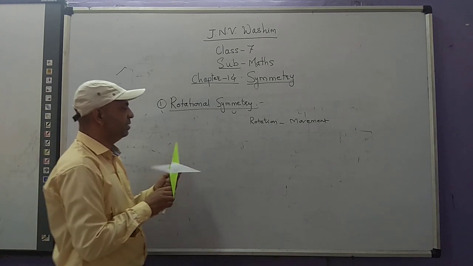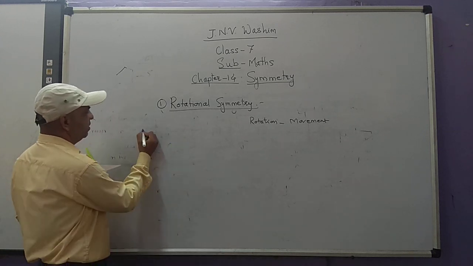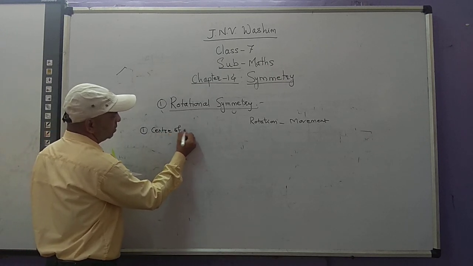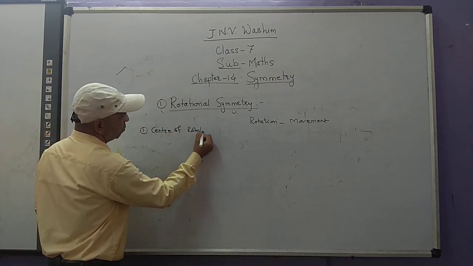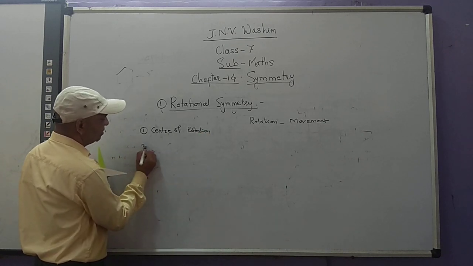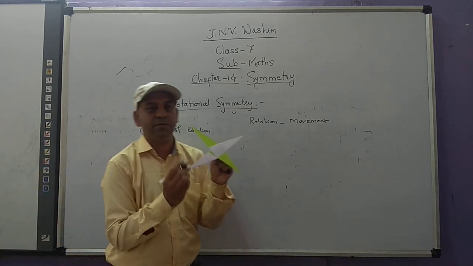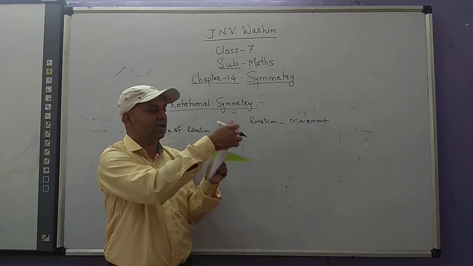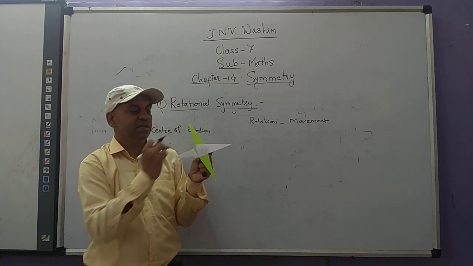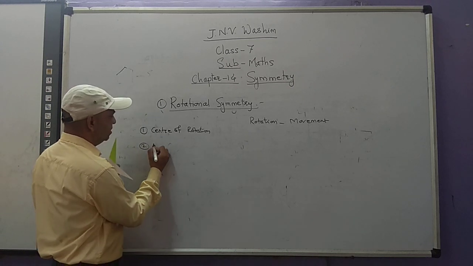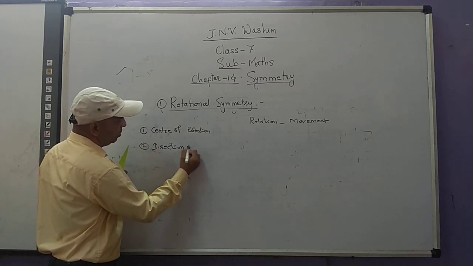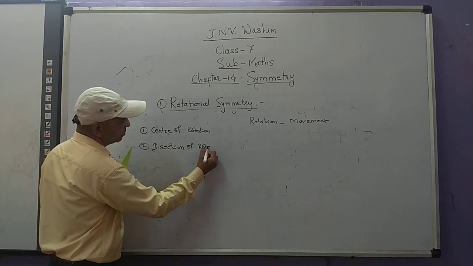So in rotational symmetry, remember, first we find the center of rotation. Next, when we rotate any object, it may be rotated in a clockwise direction or anti-clockwise direction. So next find the direction of rotation.